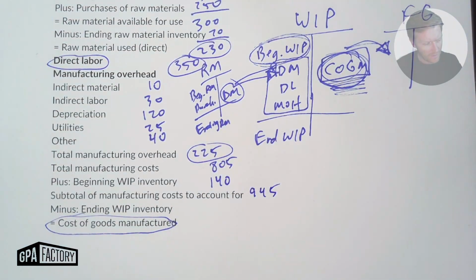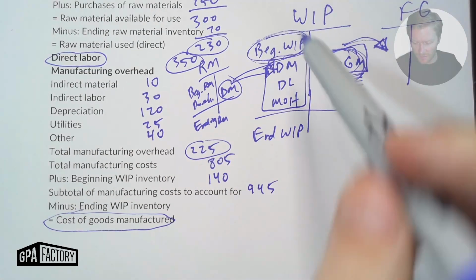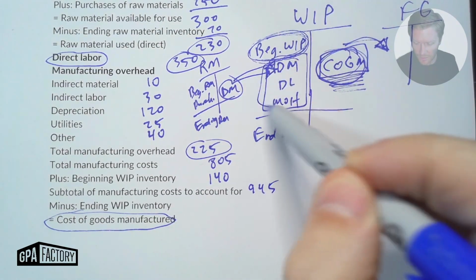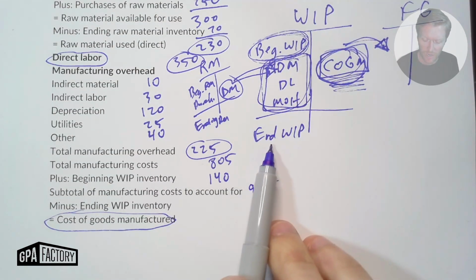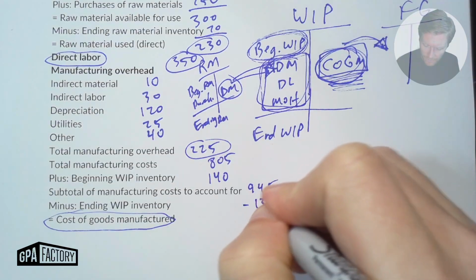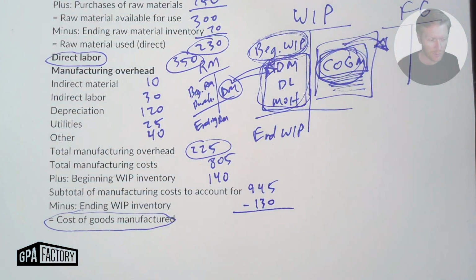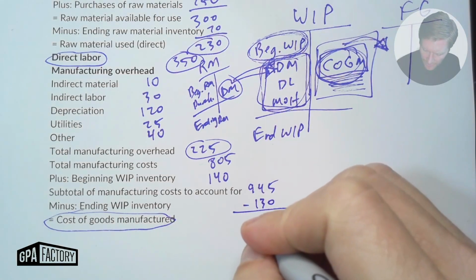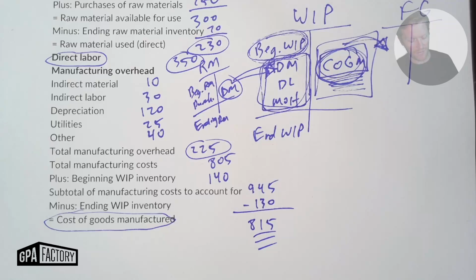And then we subtract off our ending work in process, which was 130, to get cost of goods manufactured, which is ultimately what we were trying to do. So we do that, and we got 815 as our cost of goods manufactured. That's going to go over into finished goods.